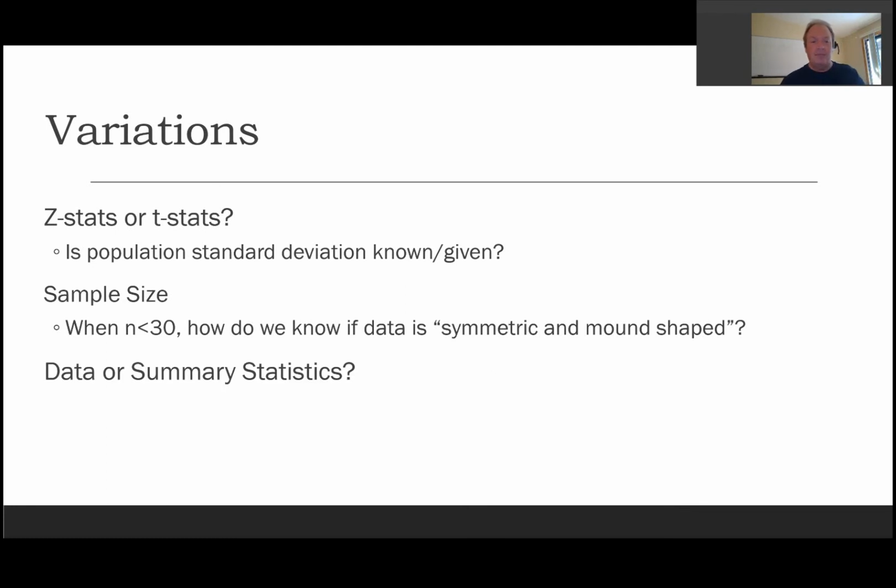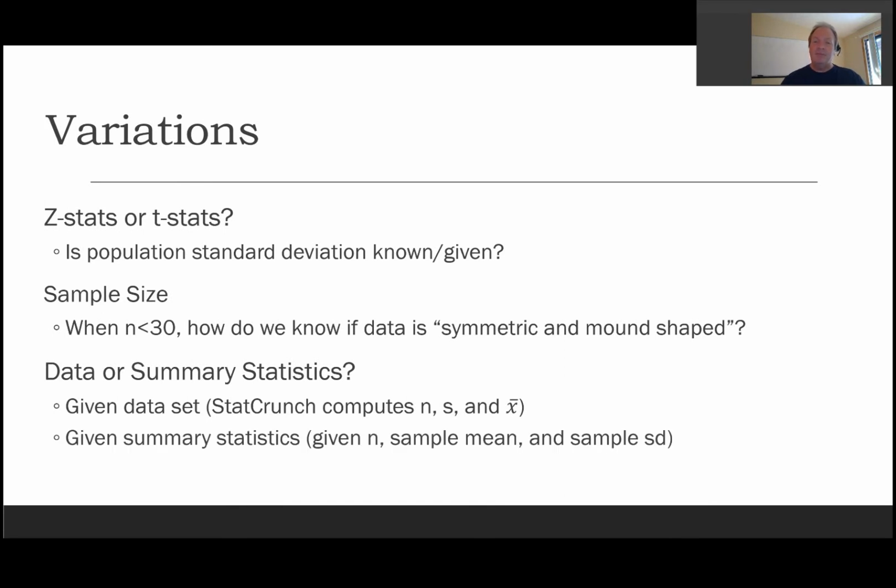And finally, we have to ask ourselves whether we have data or whether we're given summary statistics in the problem statement. And this we actually did do when we talked about hypothesis tests for pi, right? So sometimes you're given a data set and you open it up in StatCrunch, you're going to run the hypothesis tests, and you're going to have StatCrunch compute the sample size, sample standard deviation, and X bar for you.